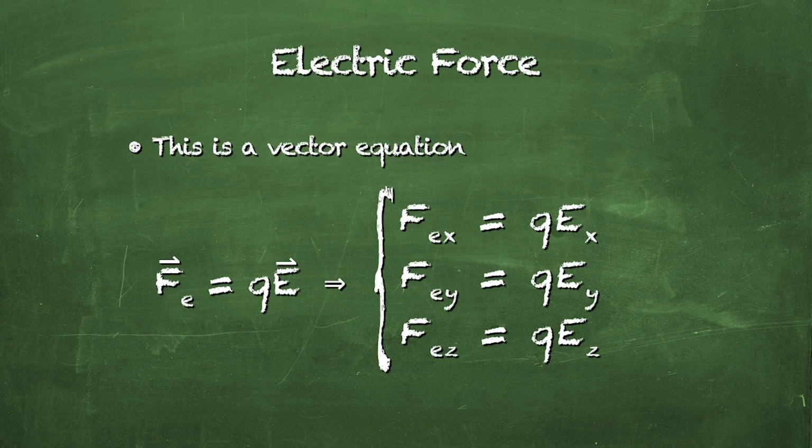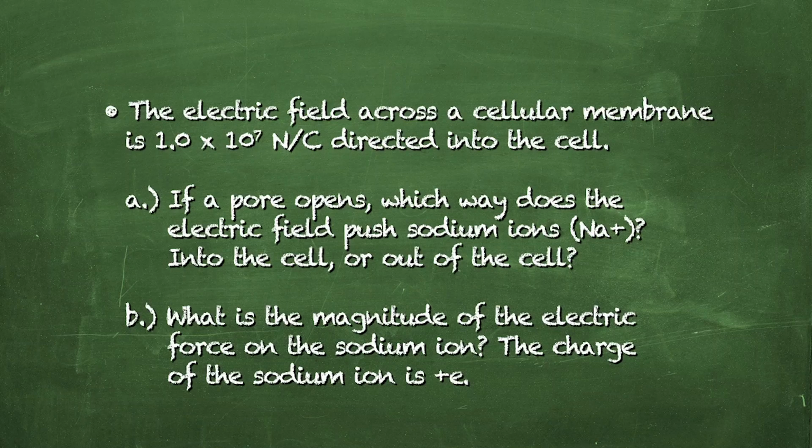Let's start off with this question. The electric field across a cellular membrane is 1.0 times 10 to the 7 newtons per coulomb directed into the cell. And this question has two parts. The first is, if a pore opens in the membrane, which way does the electric field push sodium ions?